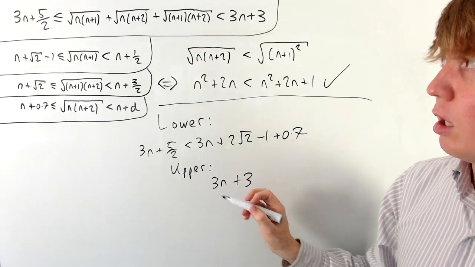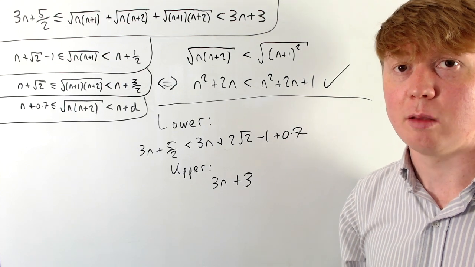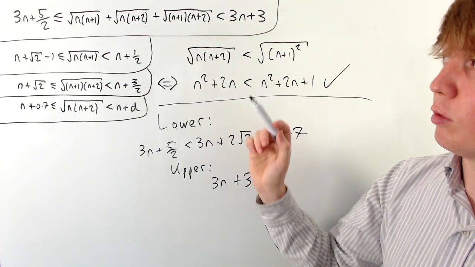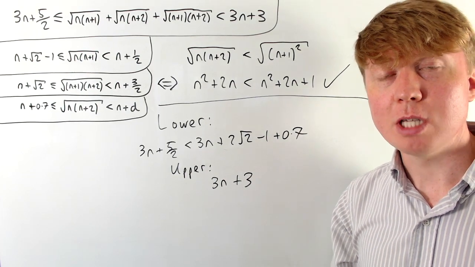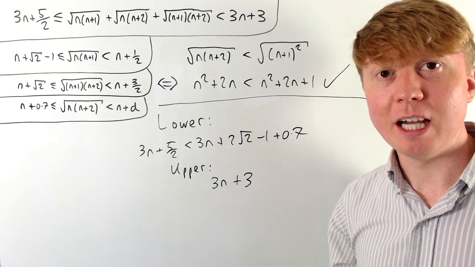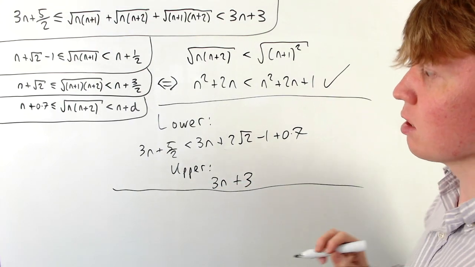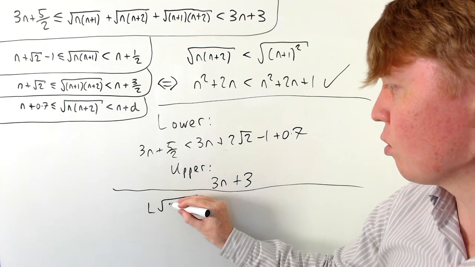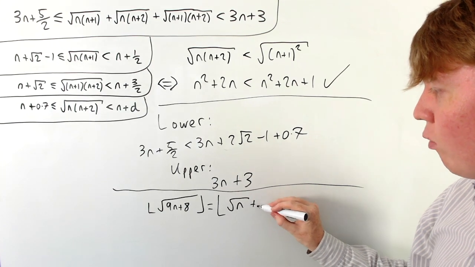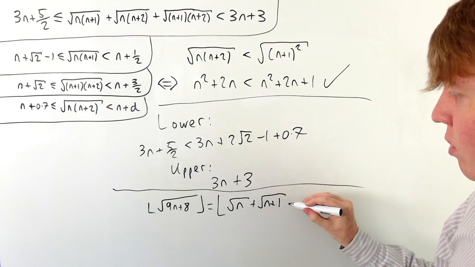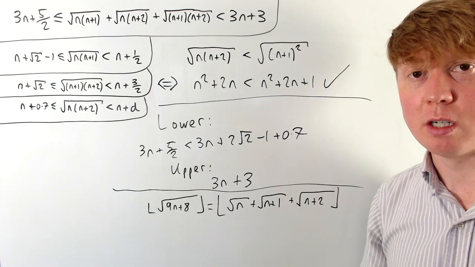So we've got our lower bound and our upper bound for this sum of square roots term, and this is enough then to prove the original identity, because this shows that our original sum of square roots term, root n plus 1 plus root n plus 2, is bounded between root 9n plus 8 and root 9n plus 9, which then, as we saw at the beginning, was sufficient to say that the floor function of the square root of 9n plus 8 is going to be exactly the same as the floor function of our original sum of square roots expression, root n plus 1 plus root n plus 2. So then we've proven our original identity at last.